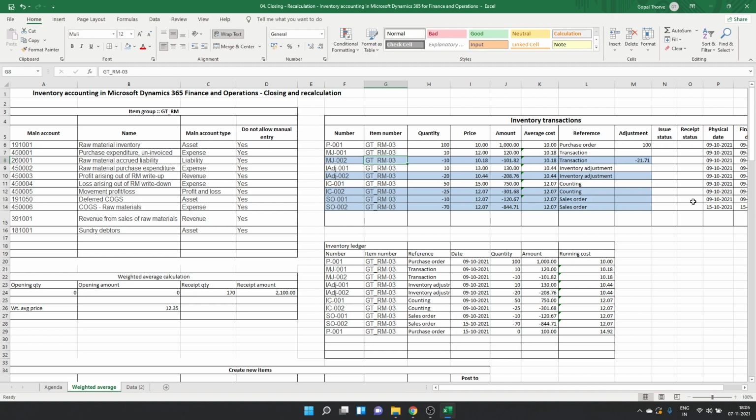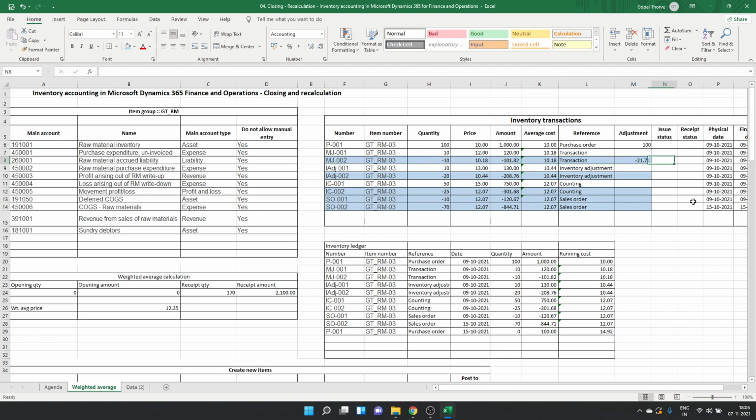And the corresponding accounting voucher will also be posted on the date when we are running our recalculation or inventory closing. Similarly for the second transaction. Now let's complete this transaction first.